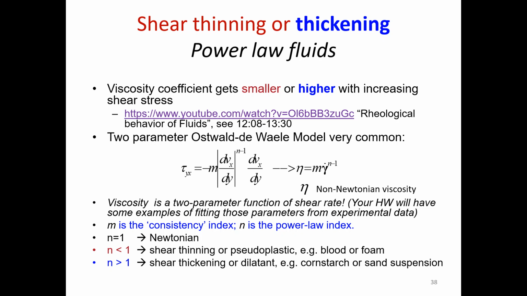How do we linearize this? Do you remember? Log of any kind, ln, log 10, doesn't really matter. Then log of tau yx is log of m plus log of gamma dot to the n, which is n log of gamma dot. Yes? What is now linearly related in this?